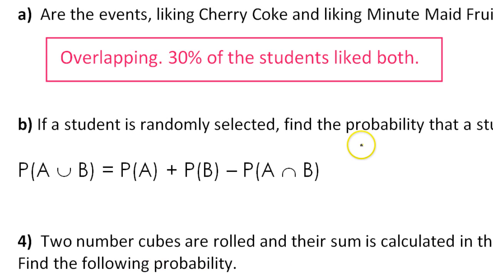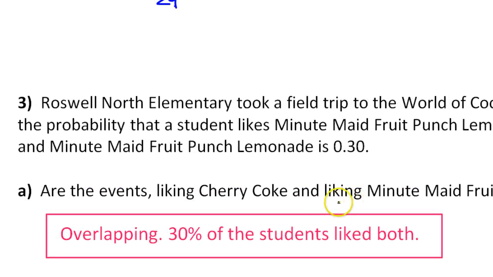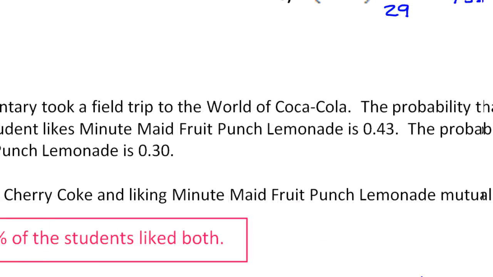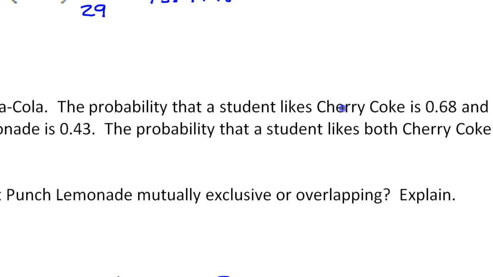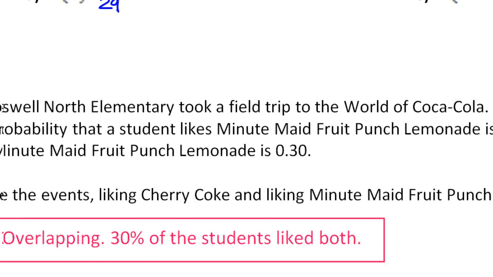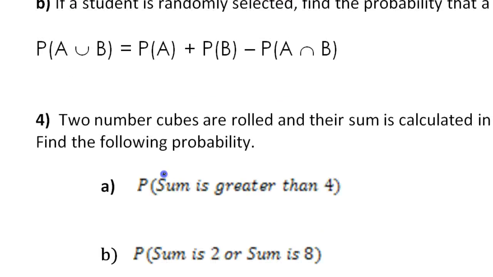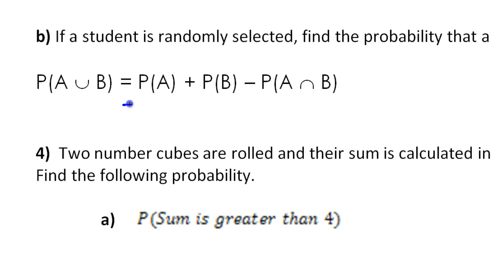Anyway, the probability of A. Looking back at the problem, what did they say? The probability that a student likes Cherry Coke, that's our event A, is 0.68. So we've got 0.68.